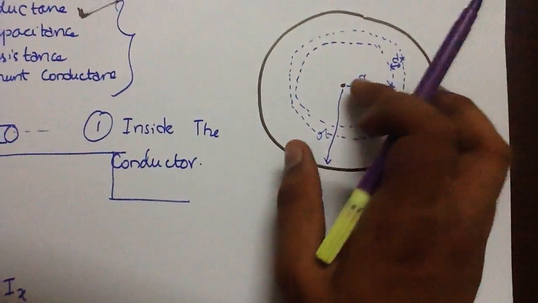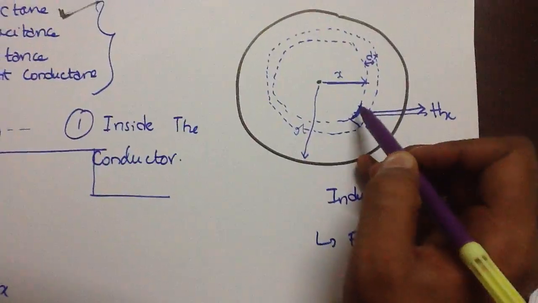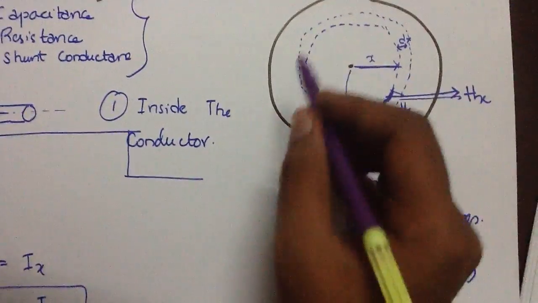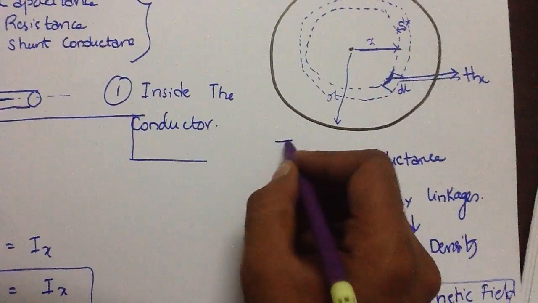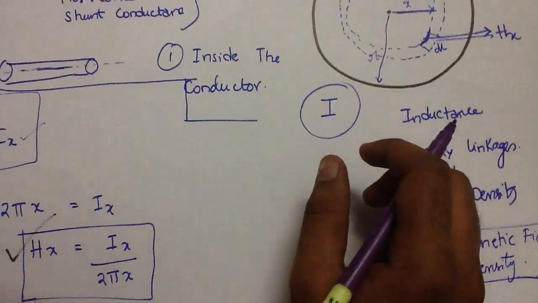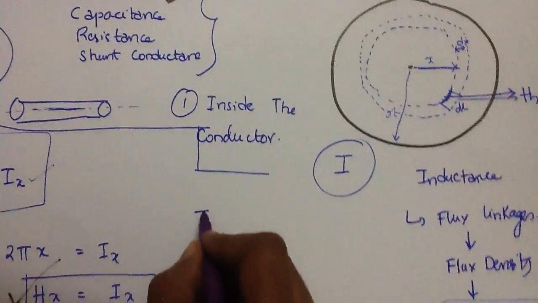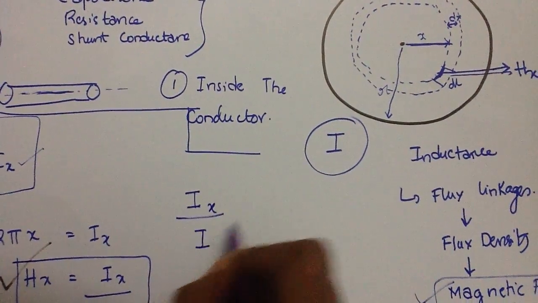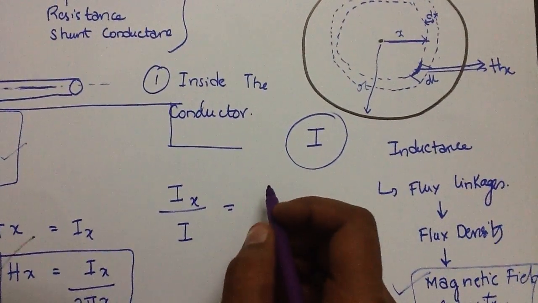So Ix, which is the current we have assumed here, is different from the entire current in the conductor, I. We know that the current that flows is directly proportional to the cross-sectional area.